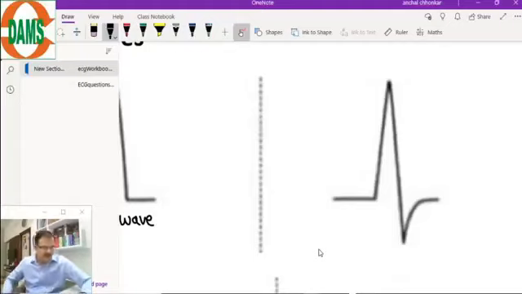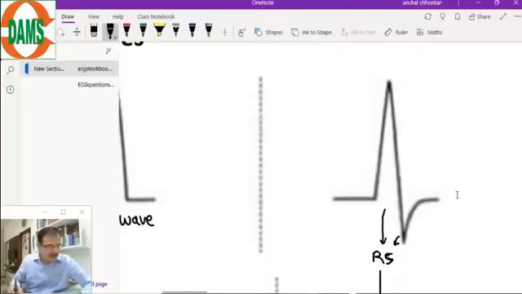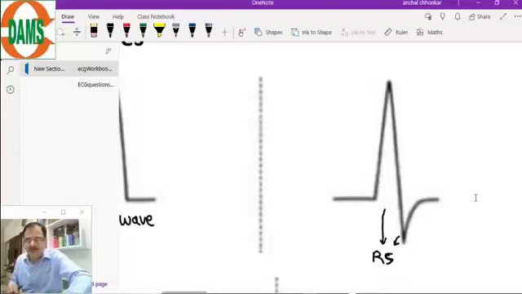So next one, always identify the first positive wave and it is an R wave. There is no negative before R, no Q, but after the R there is a negative wave, and this is known as small s. Yes, capital R, small s. Be very precise. Capital R, small s, because the S wave appears relatively small.